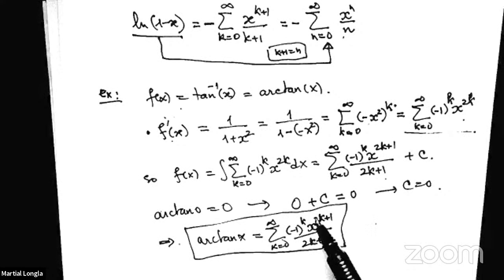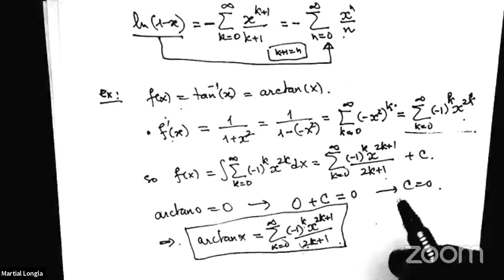But the difference is that for sine, you have a factorial here. Does that make sense? The big difference between arctangent and sine in the Taylor series is just the factorial that you have on 2k plus 1 for sine.